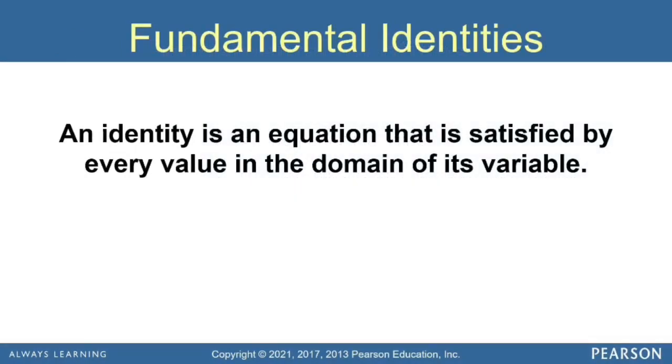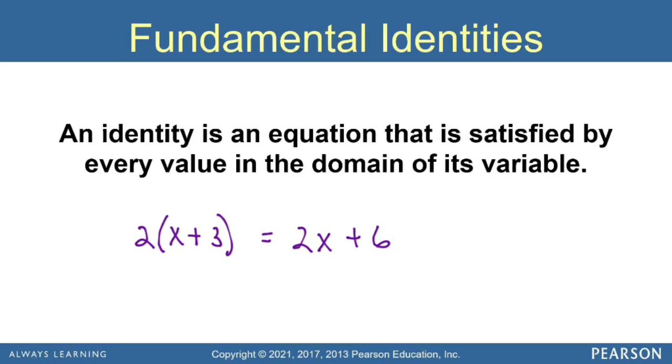First of all, you know several identities already, but let's go back over what an identity is. An identity is an equation that is satisfied by every value in the domain of its variable. For example, here's an algebra identity: 2 times (x plus 3) equals 2x plus 6.